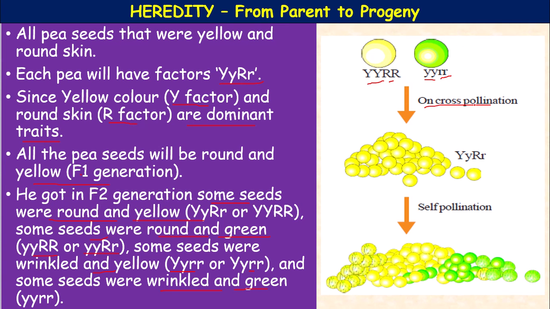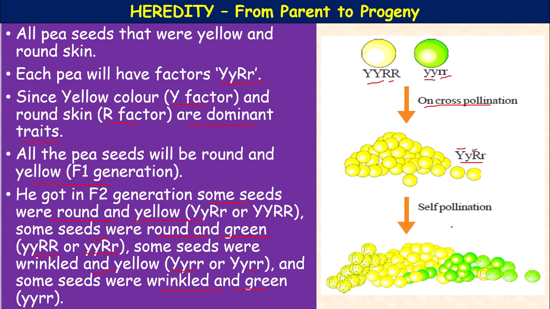On cross pollination of these two varieties of P, in the F1 generation, capital Y, capital R, small r combinations are produced. These are yellow and round, because capital Y and capital R are dominant factors.